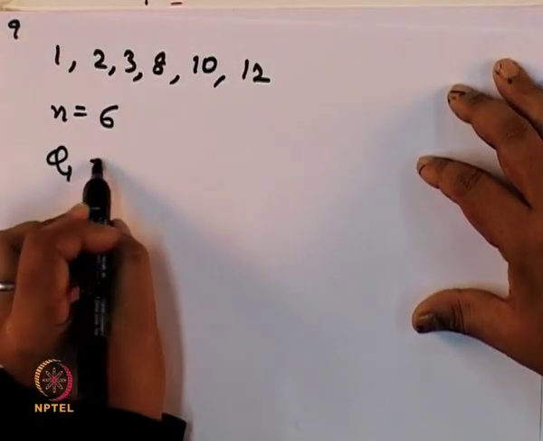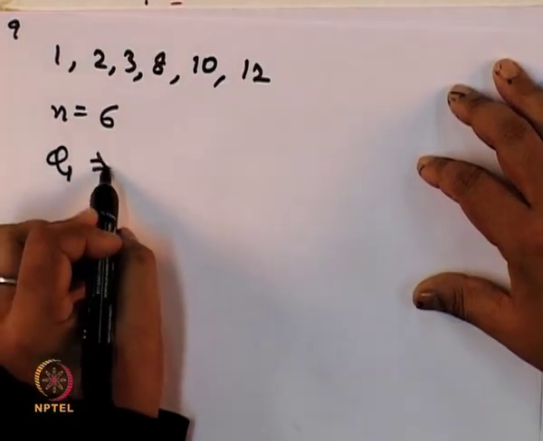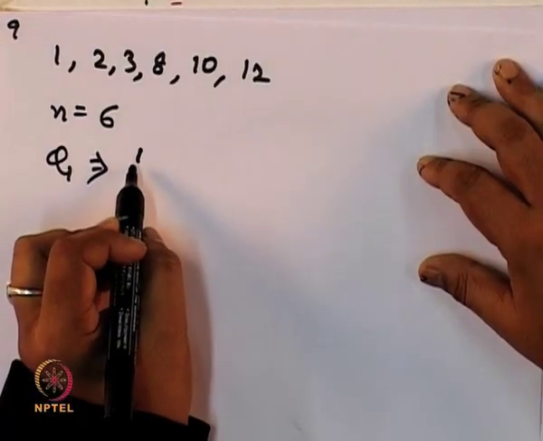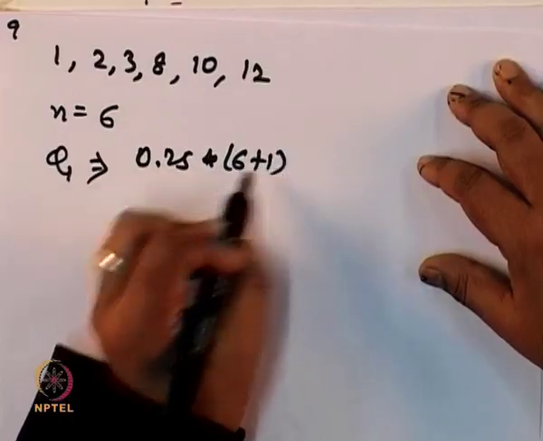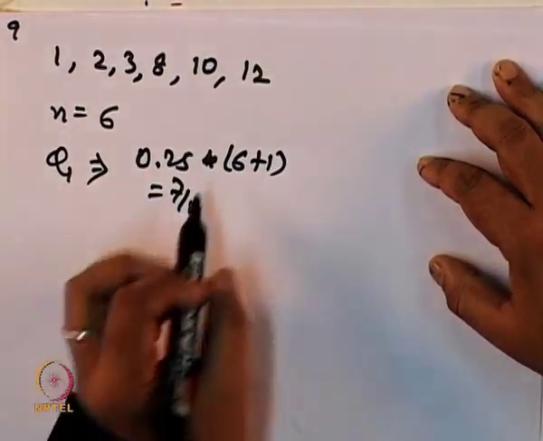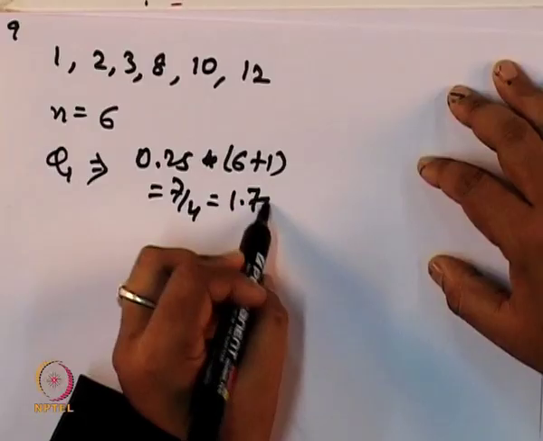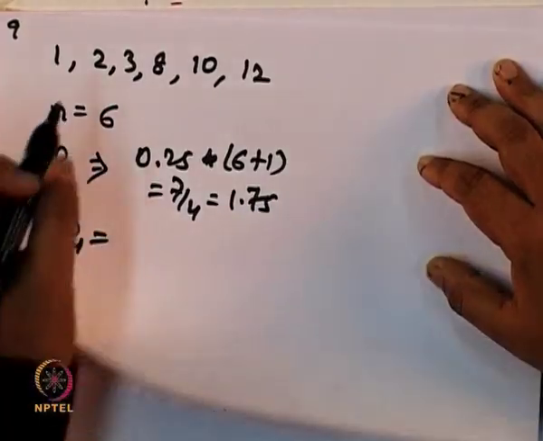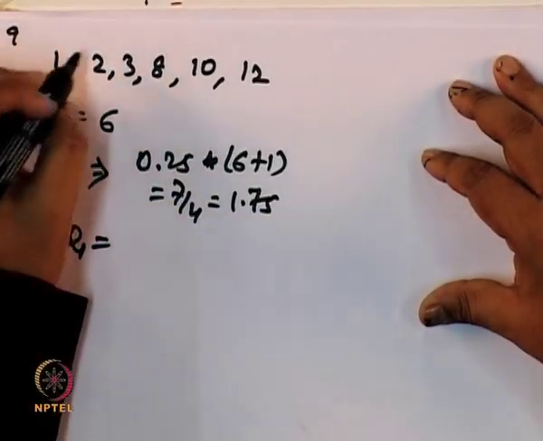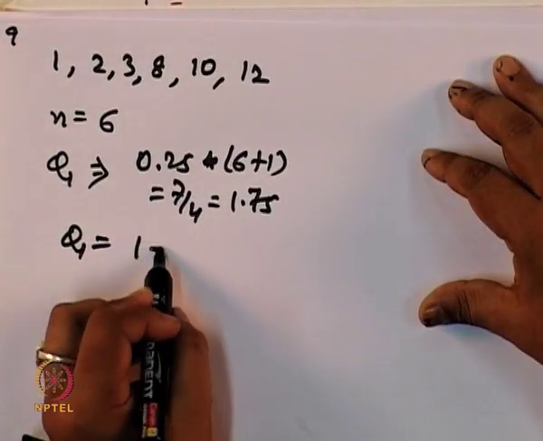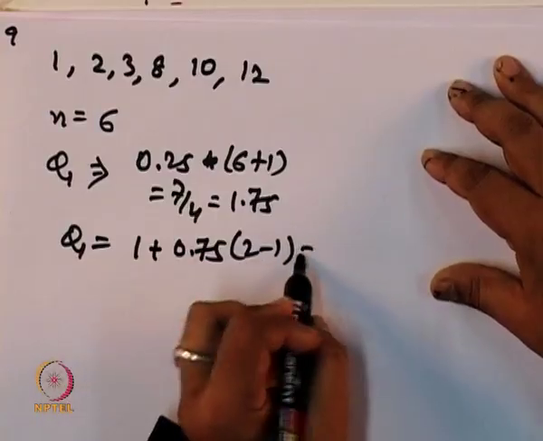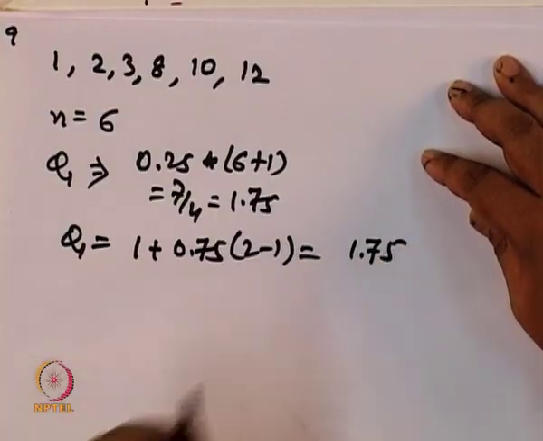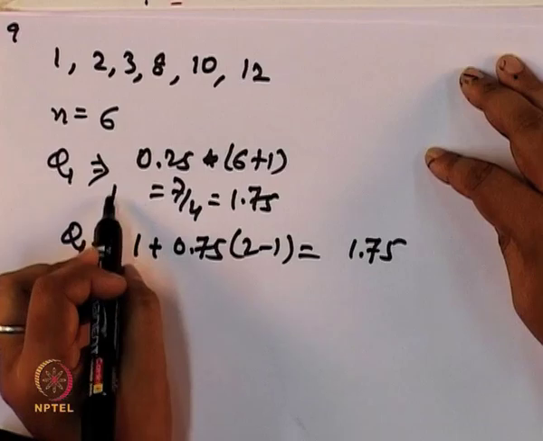Your Q1 is at position 0.25 times (6 plus 1), which is 7 by 4, equal to 1.75. So, my Q1 is at position 1.75. Between 1 and 2, it is going to be 1 plus 0.75 times (2 minus 1), which is 1.75. This is the position, remember.